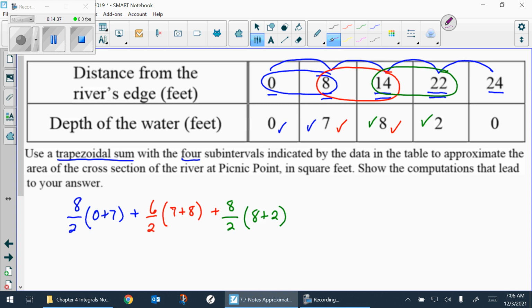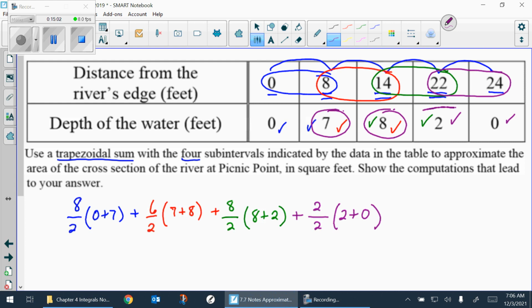And finally, final change in x, divided by 2, base 1 plus base 2. And even when we do it this way, we see that in between the beginning and end, each one of those bases gets used twice.